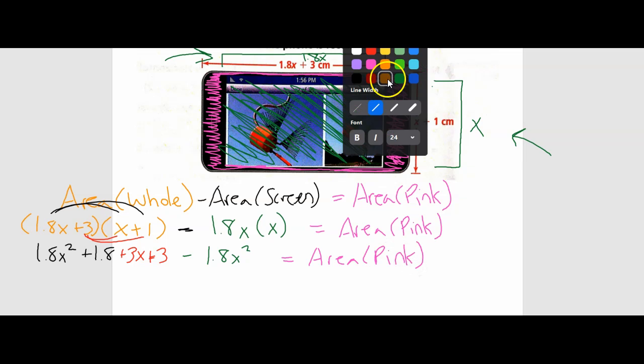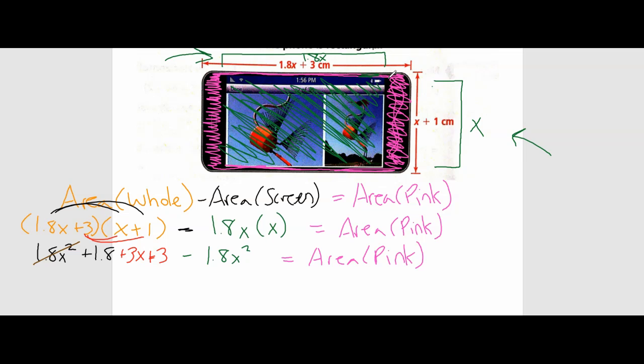I can start simplifying like terms. This 1.8x squared and negative 1.8x squared, those simplify each other out to 0. My x term, I only have one of those, so I get 3x. And my two number terms, 1.8 and 3, so I get 3x plus 4.8. That is the area of the pink, or that's at least the expression that represents the area of the pink.